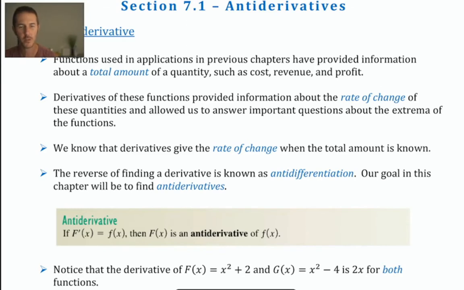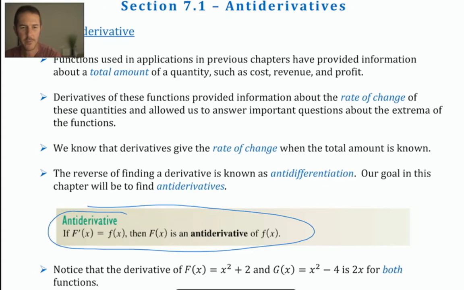It's some notation that's maybe a little bit confusing: if capital F prime of x is equal to lowercase f of x, then capital F without the prime on it is the antiderivative of lowercase f of x.